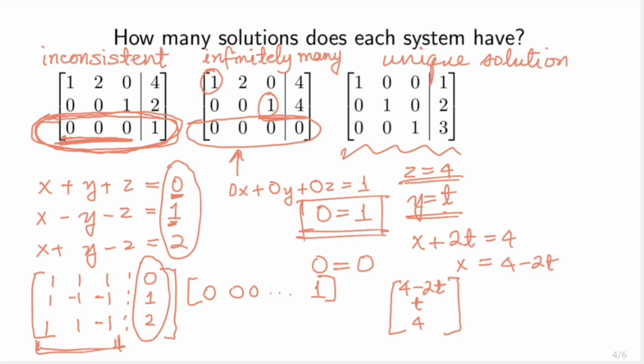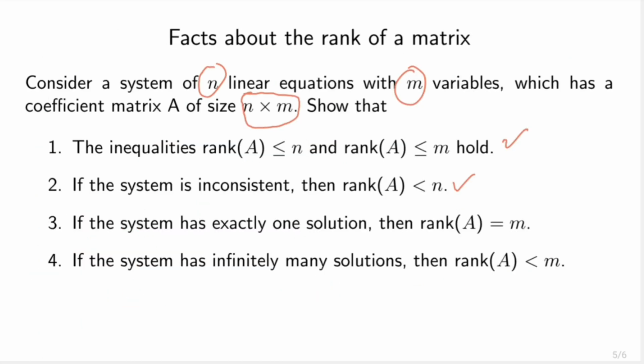It's saying that when the system has a unique solution, then the rank is equal to the number of columns. Yes, that is true. When we had a unique solution, our rank, which was equal to 3, was equal to the number of columns.